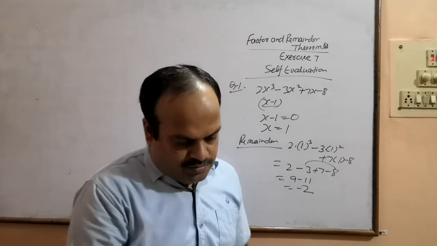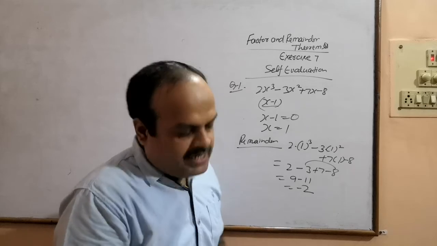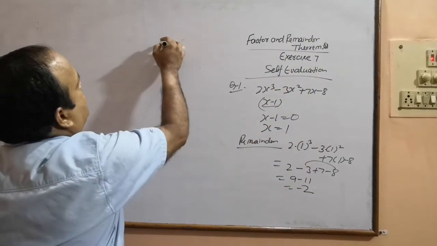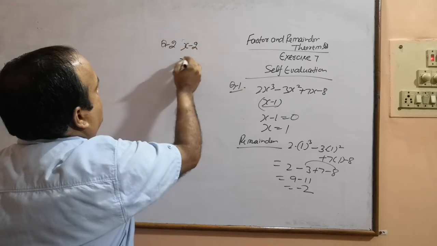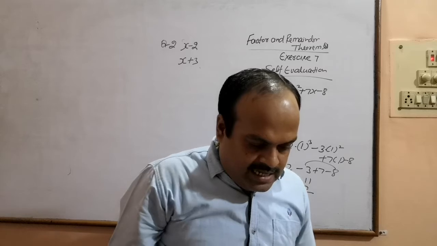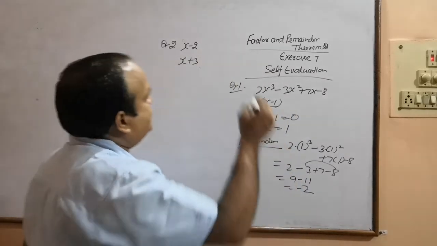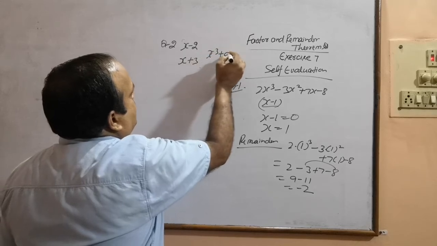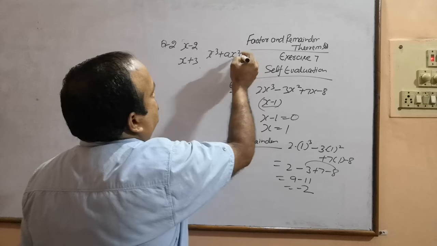Question number 2. Find the value of constants a and b if x minus 2 and x plus 3 are both factors of the expression x cube plus ax square plus bx minus 12.